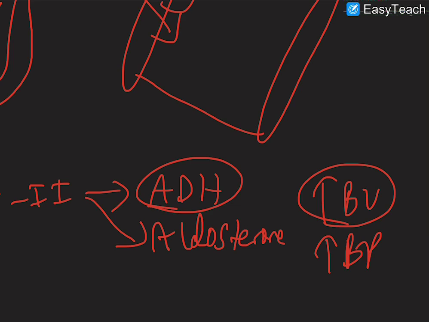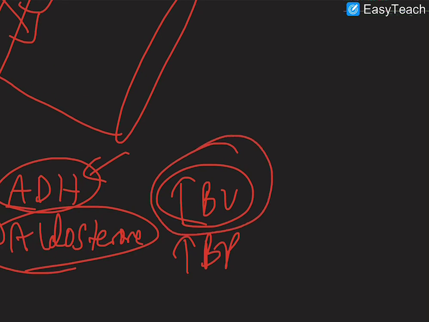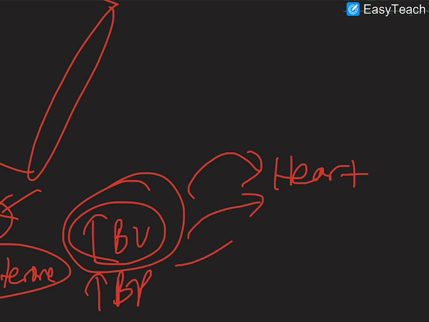And now on top of that, if you have a lot of ADH and a lot of aldosterone, you increase your blood volume a lot more, which means more blood is going to return to your heart. Well, your heart's already having a hard time pumping blood out. And if you're returning more blood to your heart, it's not going to make it better. You're just going to have more issues pumping that extra fluid, extra blood out from your heart to your systemic circulation. So it's just going to perpetuate the problem, right?